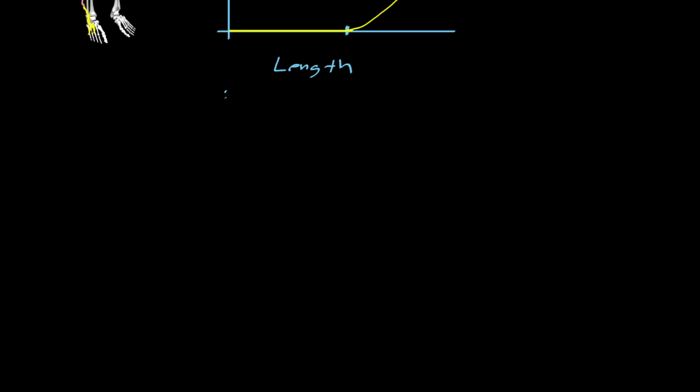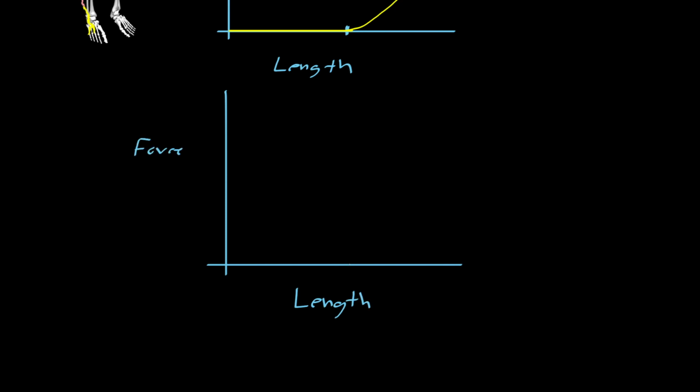What's more interesting is when we look at muscles' force production capabilities as a function of its length when the muscle's activated. So if we get our bit of frog muscle or whatever, we test its force production capabilities at a variety of lengths, we get this very characteristic curve like this.